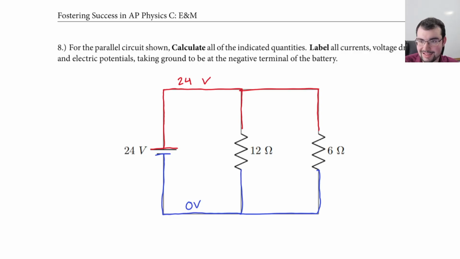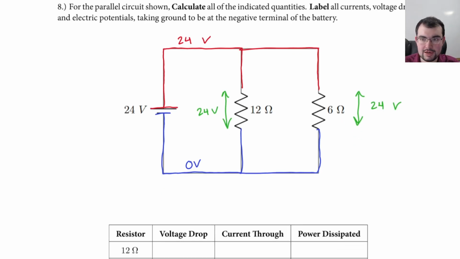Because if we're just asked to analyze this circuit, well, it should be pretty clear to us right now that I drop the full battery voltage across both resistances. Because I go from red to blue. So I drop the whole thing across both. Because my drive-through's open for 24 minutes. And both lanes are operational for the full 24 minutes.